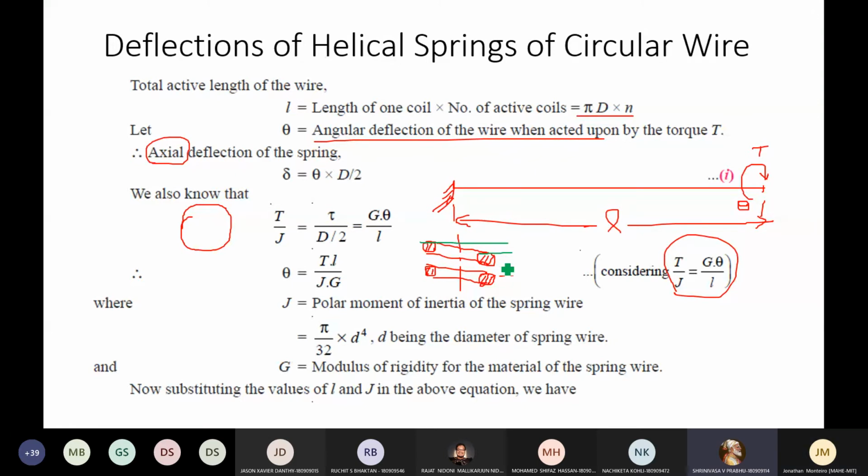Just draw a right angle triangle, sir, and I can tell you. One horizontal line from the axis and one horizontal line from the center of the cross section. The distance between those two lines is delta, and the slant distance from the axis is d by 2.